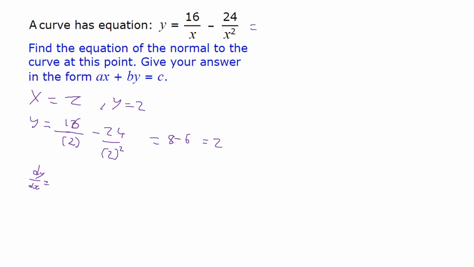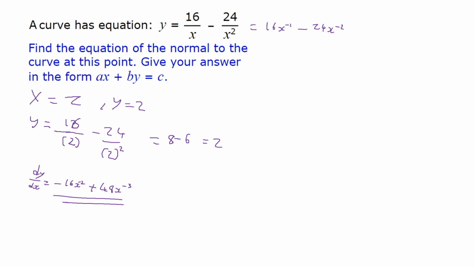Well, let's write this out. So this is 16x to the minus 1 minus 24x to the minus 2. And so dy by dx is minus 16x to the minus 2 plus 48x to the minus 3. And that is the gradient function.